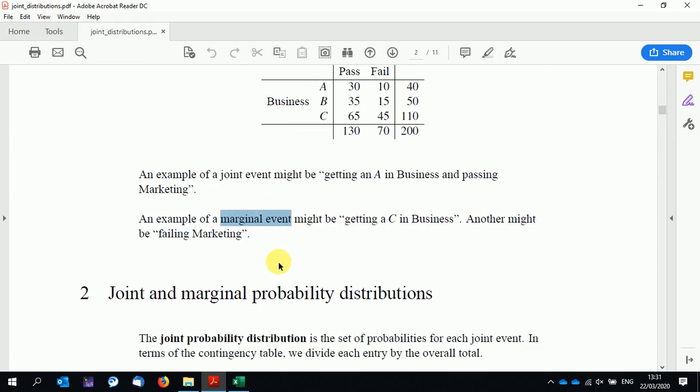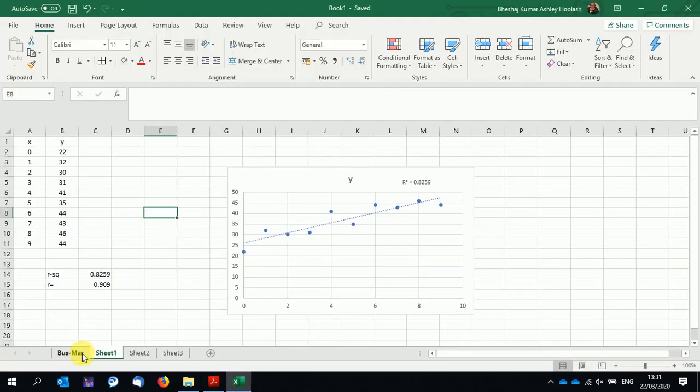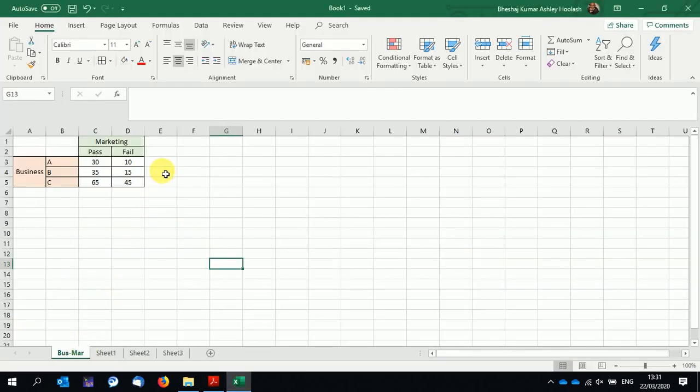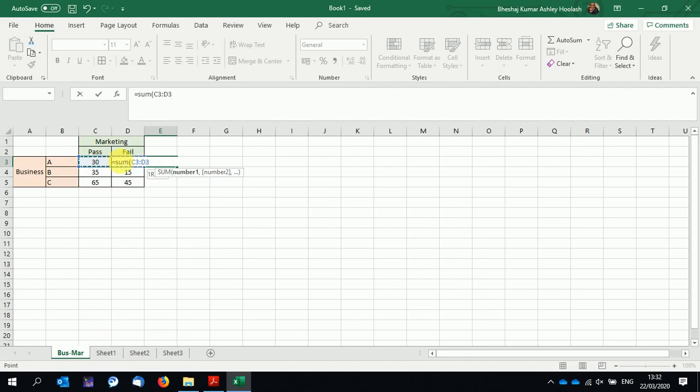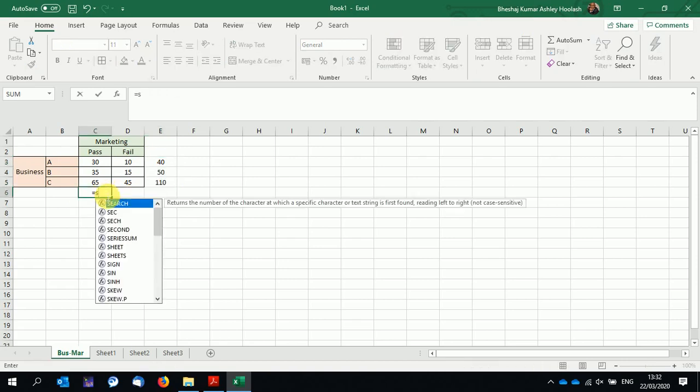So clearly now we can find the probability. So before I do this, I can calculate the marginal event here by doing sum. And here as well I can do sum.